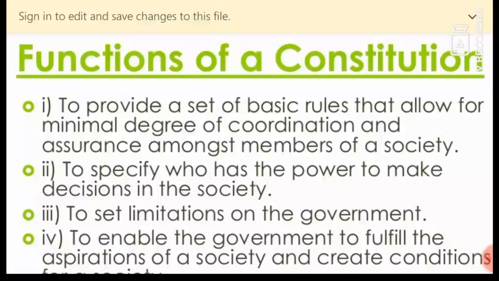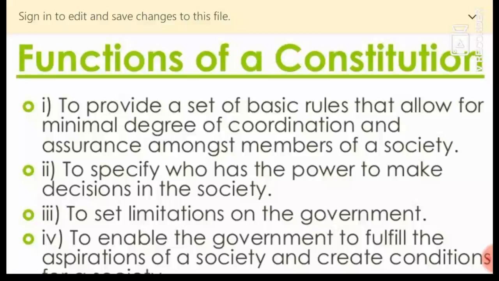So all the groups which comprise a society, there shall be minimum coordination among them. It would be the aspiration of any constitution. It would be writing the rules and regulations and devising the mechanisms in such a way that harmony exists among all the sections of a society.